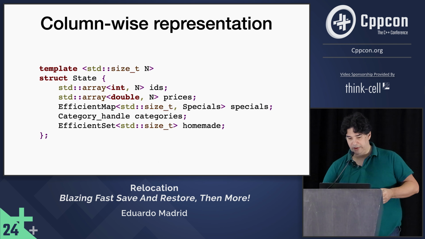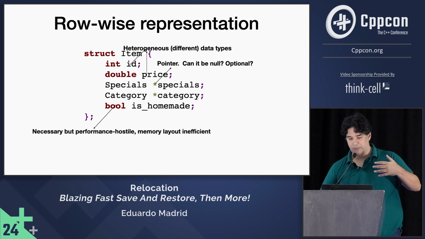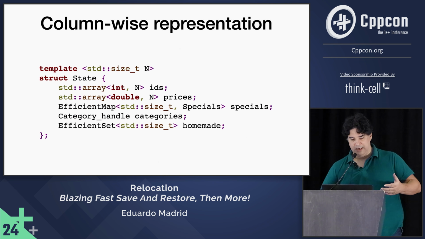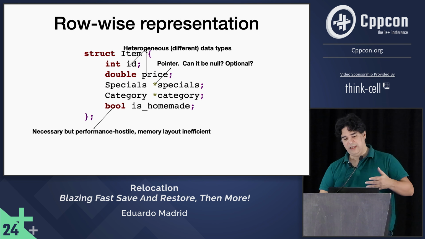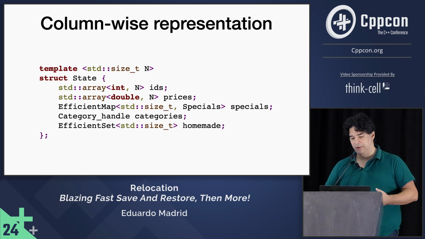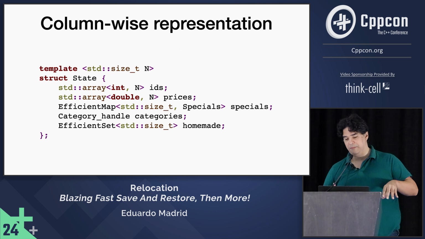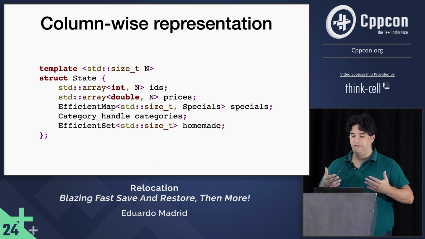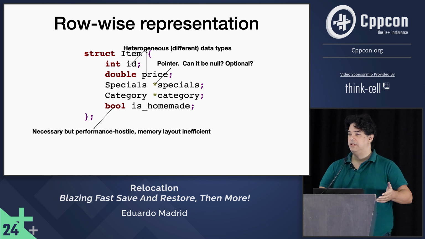I want you to observe that the pointer specials had some special semantics to it, and much better than representing it as an array of something, we can have an efficient map. And why an efficient map? What do I mean by this map? That perhaps very few of the items have specials associated to them.